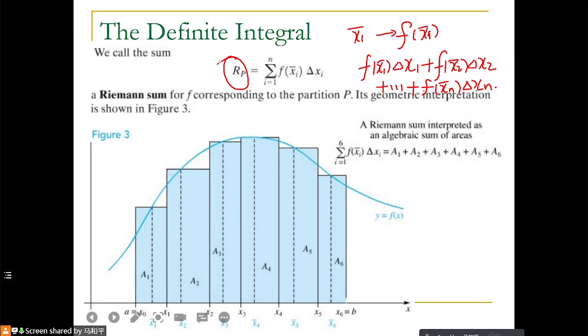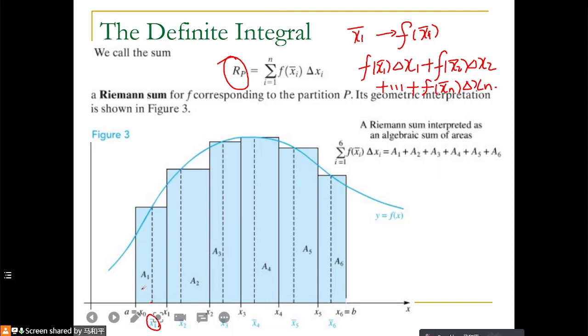Its geometric interpretation is shown in figure 3. This is a, this is b, with x0, x1, x2, x3, x4, x5, x6. We choose x1 bar. I hope you remember this x1 bar.